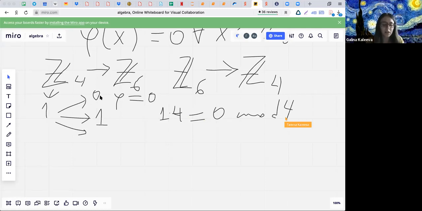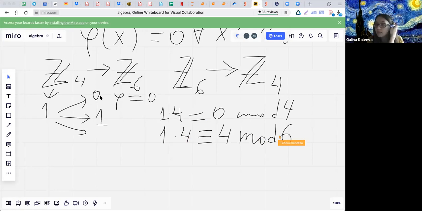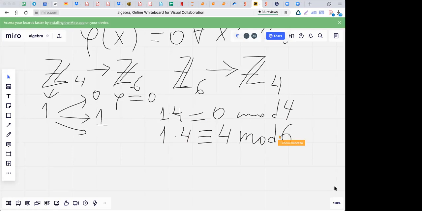What do we have if we multiply 1 by 4 in Z6? We'll gain 4 modulo 6, yeah? And it's not 0. So we cannot map 1 to 1. Do you see where the problem is?